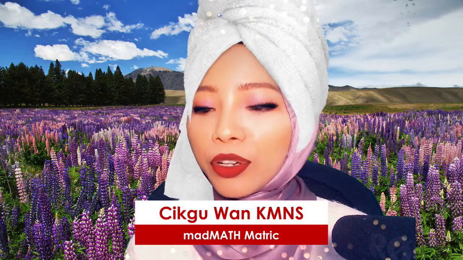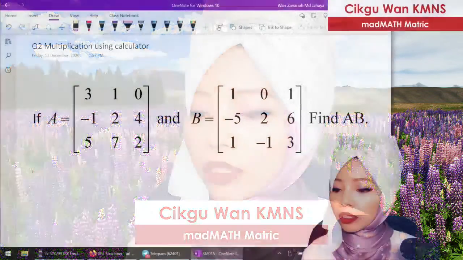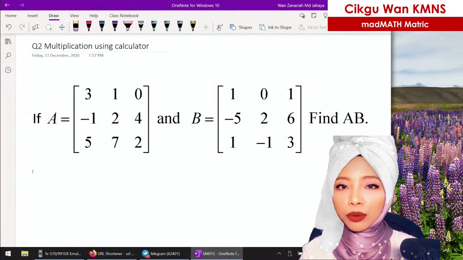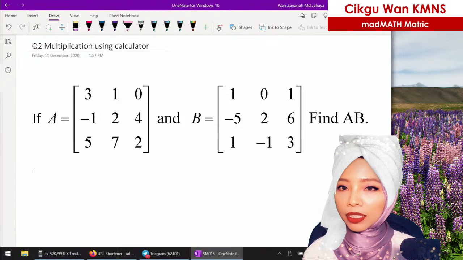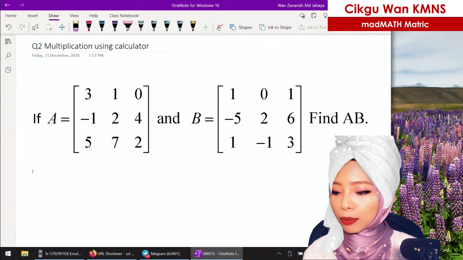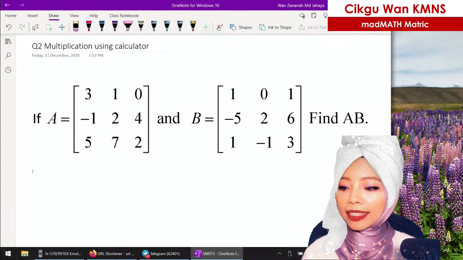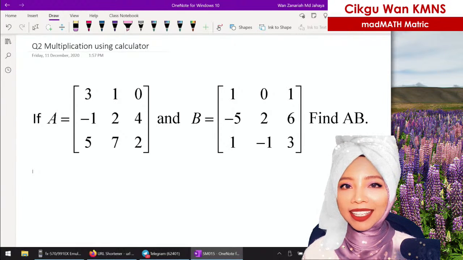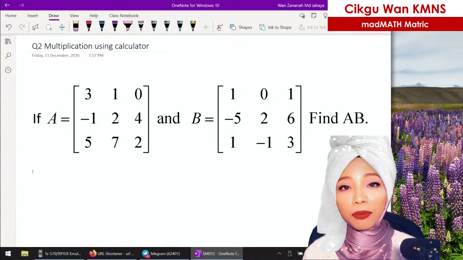Okay, before we go further, let's have a look at what we are supposed to cover in this chapter. In this chapter, we have to be able to master four items. Point one is identifying the different types of matrices.